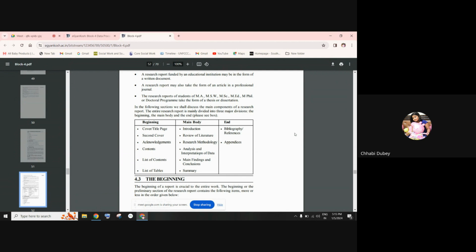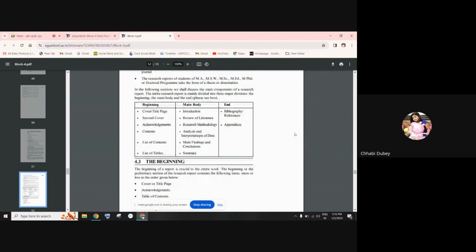The review of literature, the research methodology, analysis and interpretation of the data, main findings and conclusions, and a summary will be there in the main body. And finally, towards the end of the research report, you will have the bibliography, the references and the appendices, which would include the questionnaire or the schedule which has been used by the researcher to obtain the data.